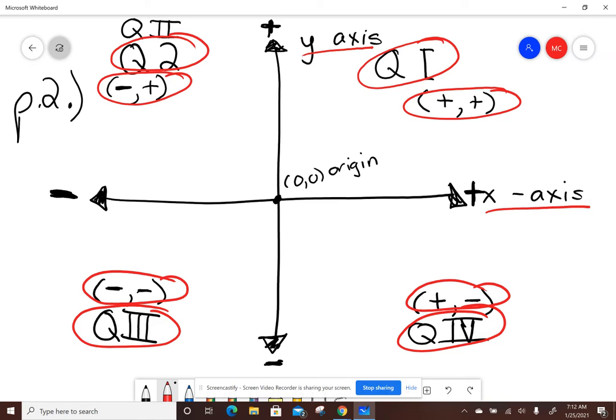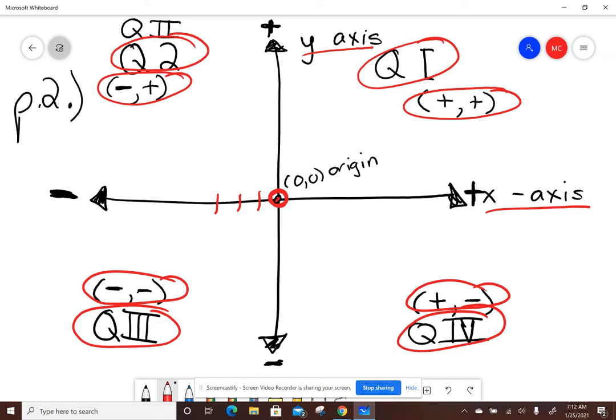Now, on page 2, it asks us to graph these coordinates. So I want to go over how to graph. So it says graph negative 3, 4. So you always start at the origin. So I start at the origin, I go over negative 1, 2, 3. You always move the x right or left first.